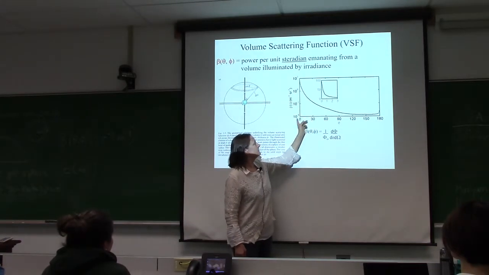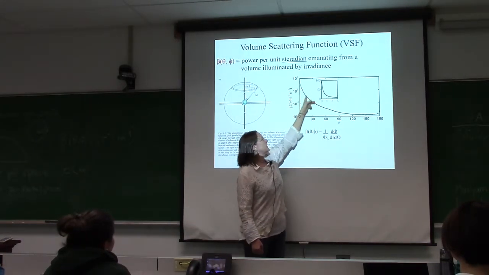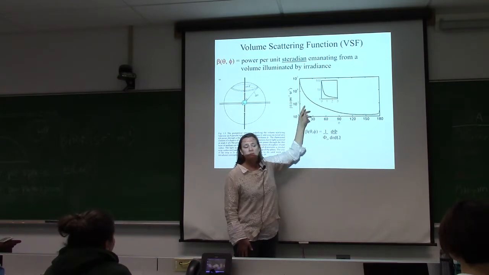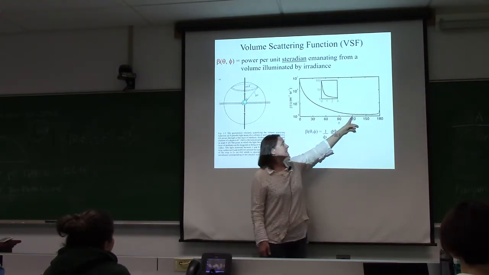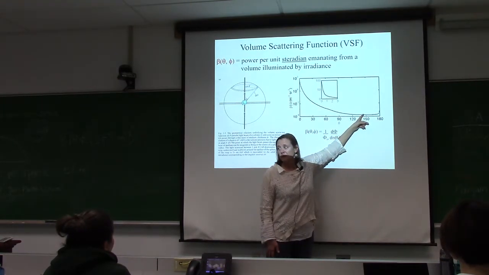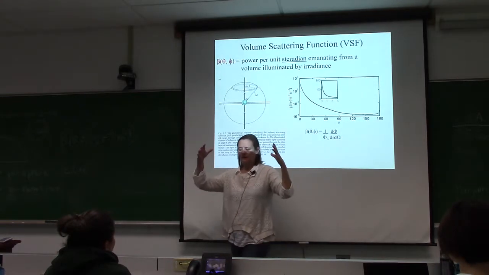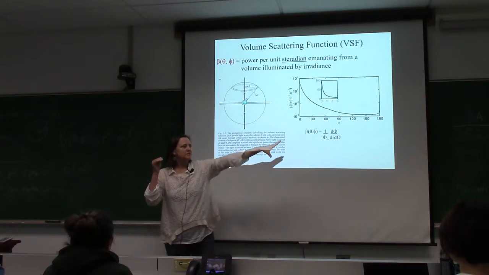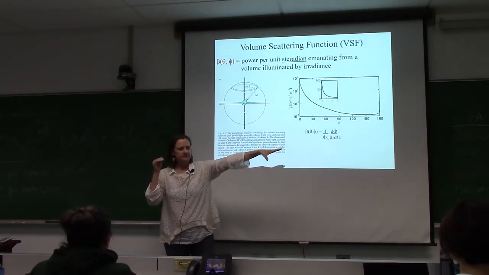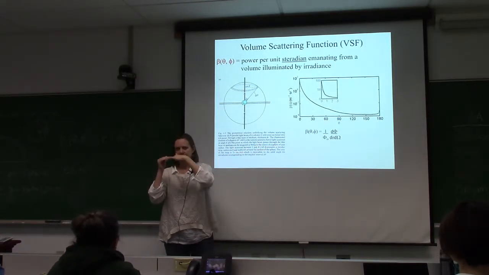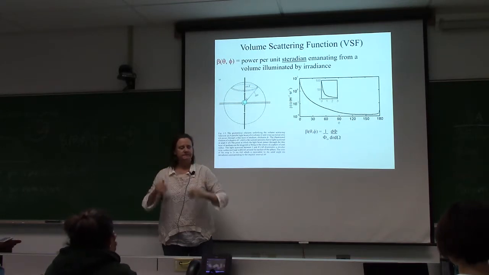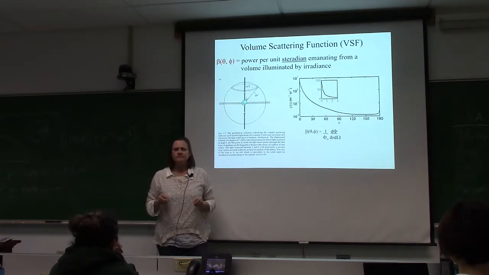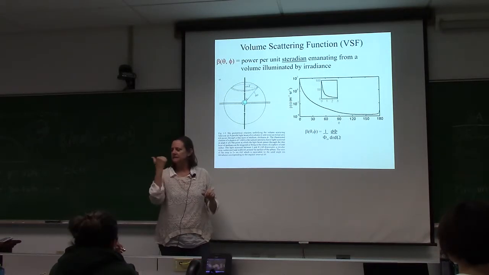In the first 30 degrees, it drops by over an order of magnitude, and it's really small in the back. So let's think about this. You have light coming into a medium. Most of the light goes in this direction, and only a very small portion is in the backward direction. Does that make sense? So there's not much backscattering.